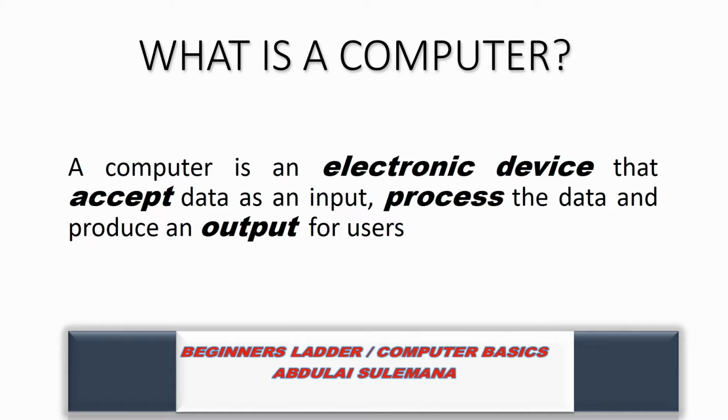The main reasoning power of a computer is the processing unit. So a computer should have a brain before it can process. Anything that you can call a computer should have a brain.